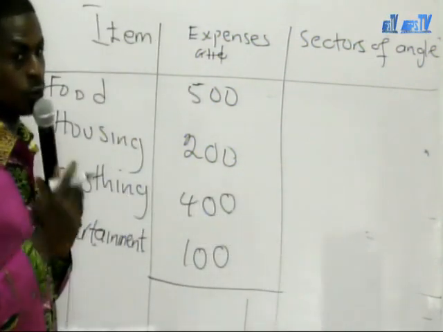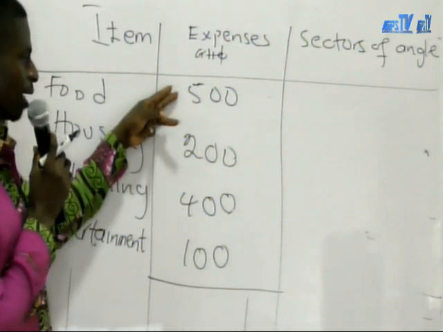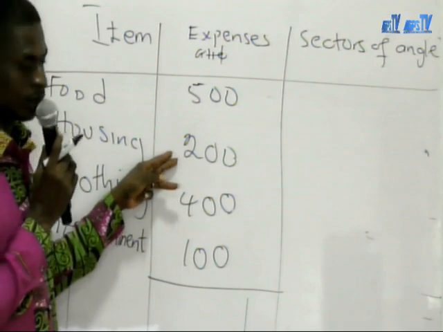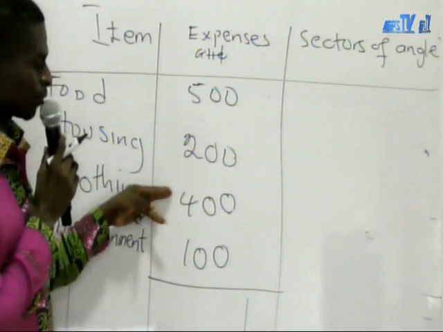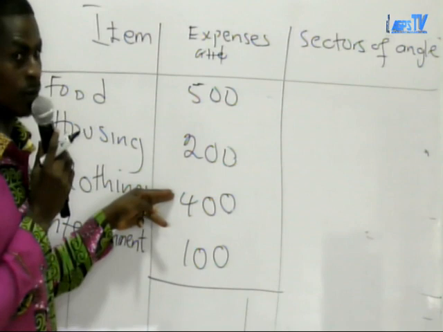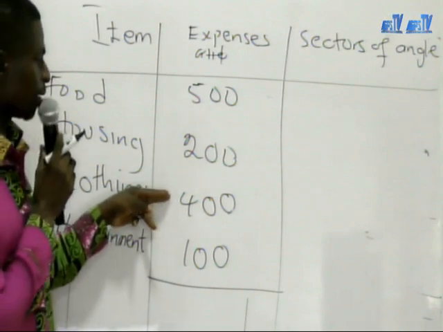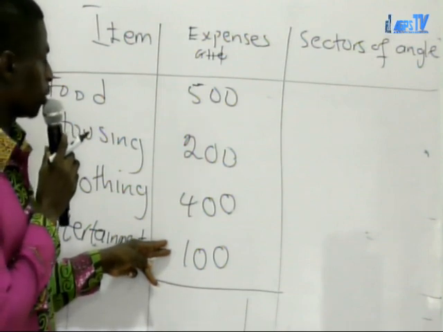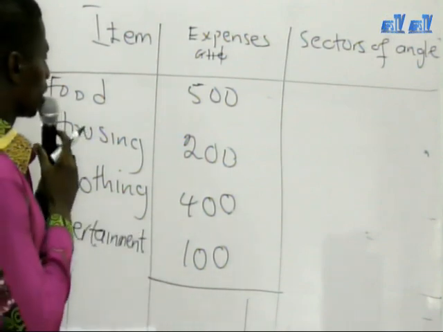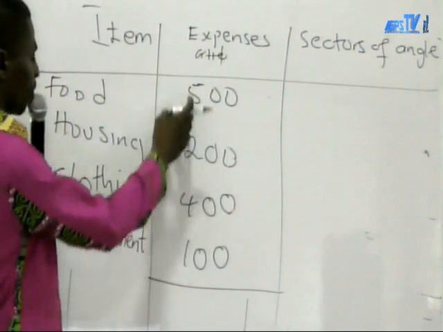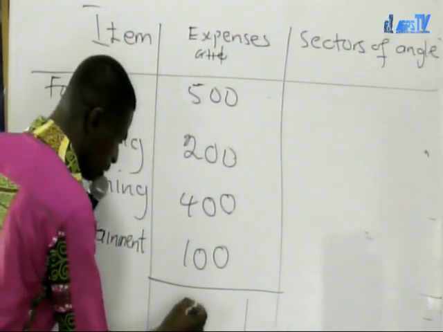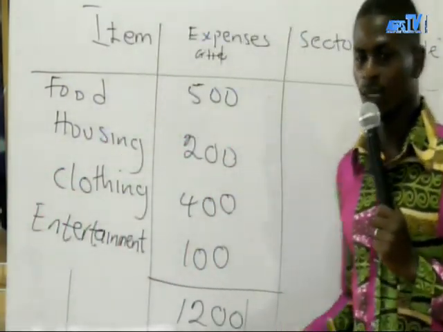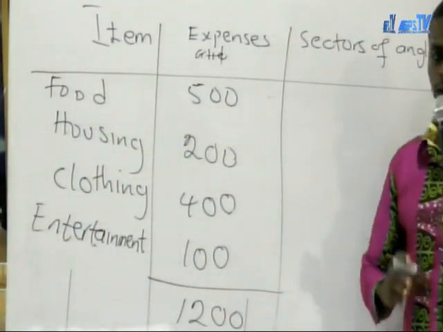And so, my total, 500 plus 200 is 700. 700 plus 400 is 1,100. And 1,100 plus 100 is 1,200. And so if I put them together, I'm having 1,200 as my total.